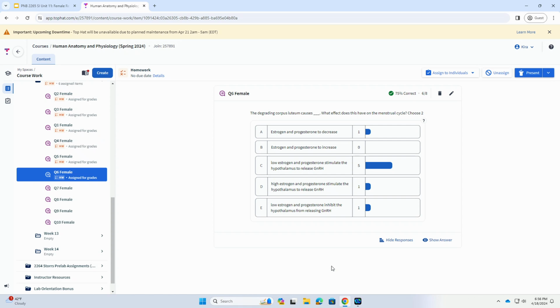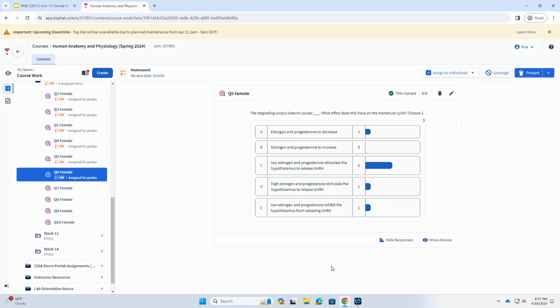And then you have ovulation, formation of the corpus luteum, and the corpus luteum then causes an increase in progesterone and estrogen. And then it withers away and it decreases, and then we're back here. So that's a different flow chart way of thinking of it.